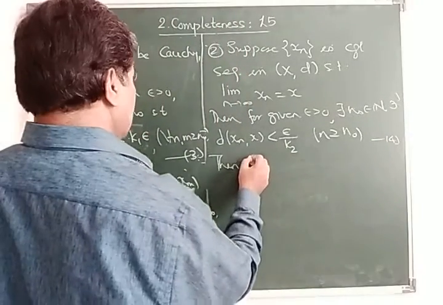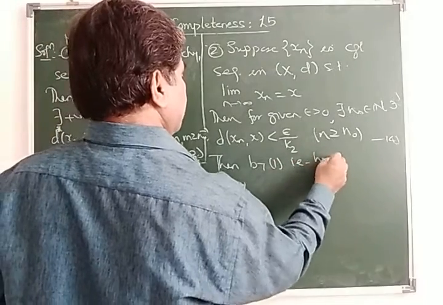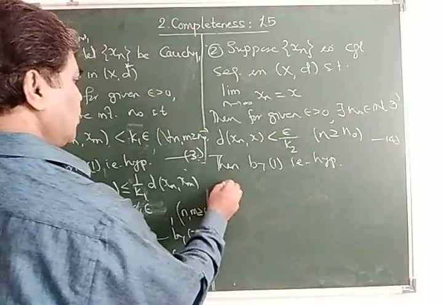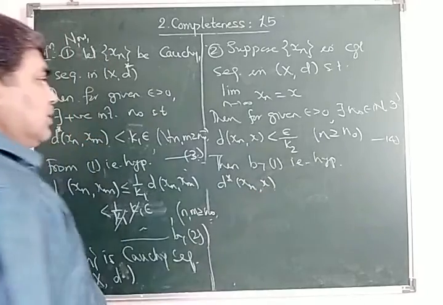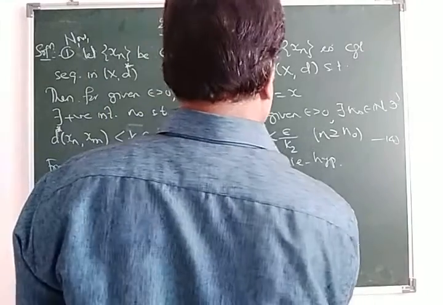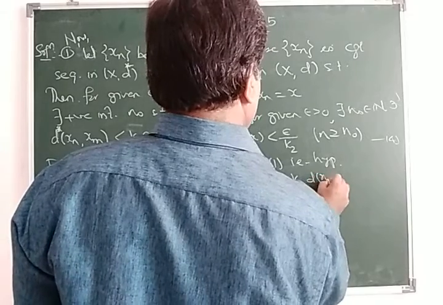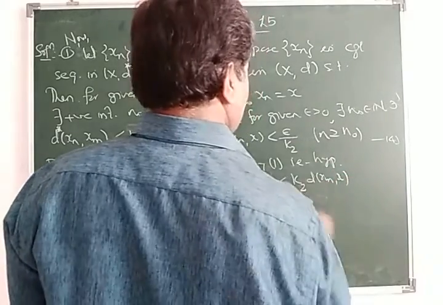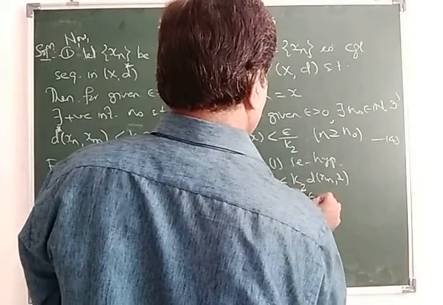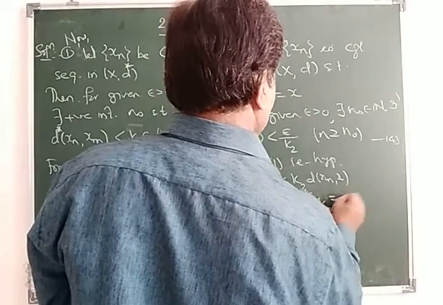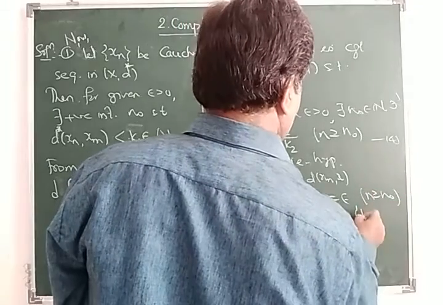Then by 1, that is the hypothesis, d star of xn x is less equal k2 times d of xn x, and it is nothing but less than k2 into epsilon upon k2, which is equal to epsilon, for any n greater equal n naught by 4.